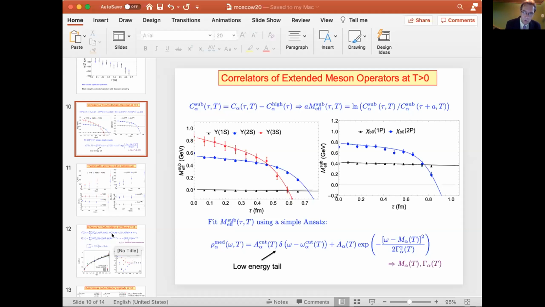So you would always have a thermal width, I would argue, independent of whether you have an imaginary part or not. The imaginary part, of course, is when to some extent you have a lot of rescattering of this Coulomb gluon inside the bound state with the medium, and this Coulomb field gets destroyed on a short time scale. So that's one possibility, but not the only one.